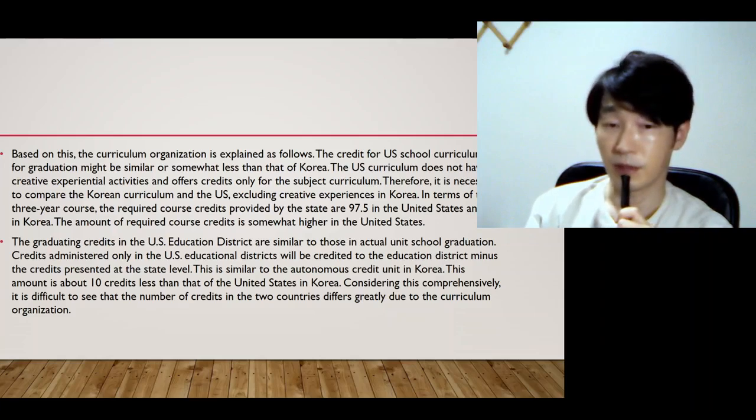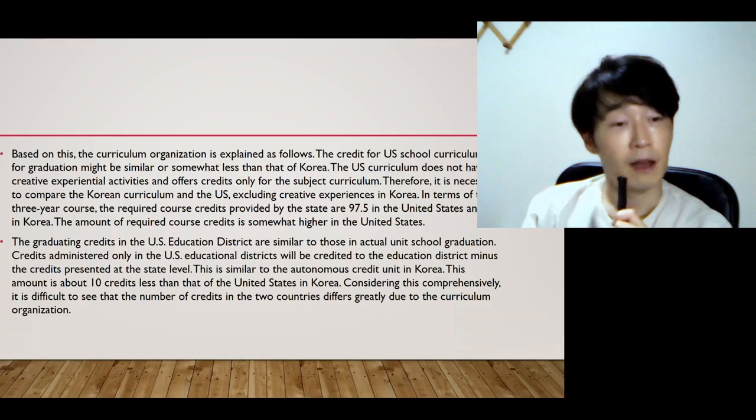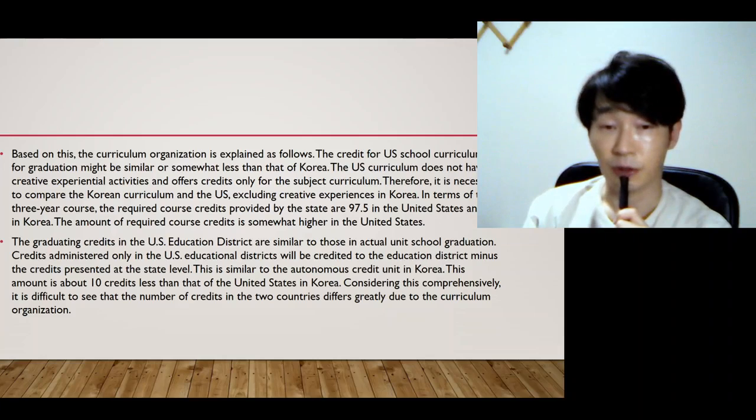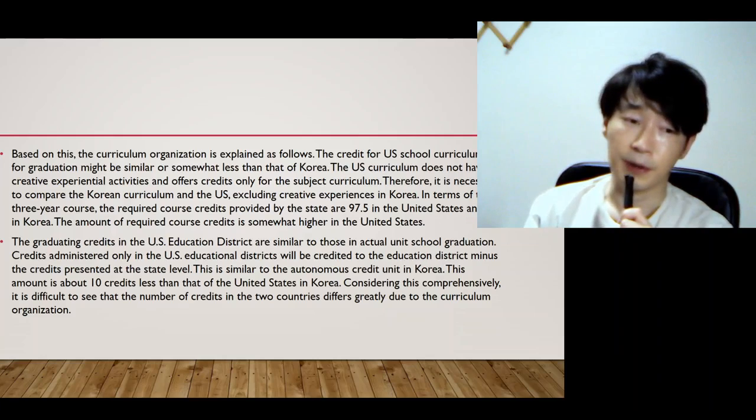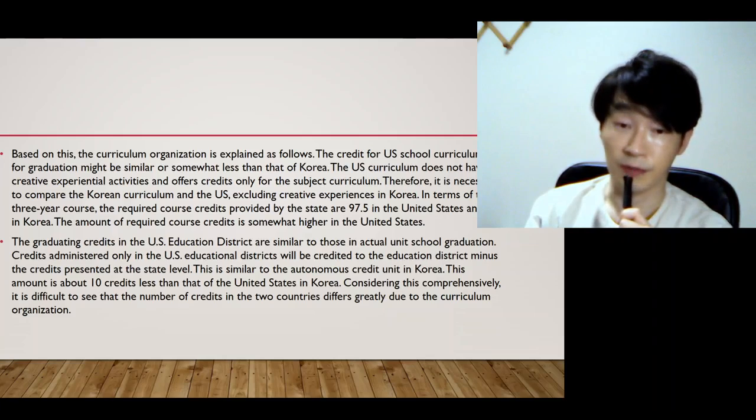This is similar to the autonomous credit in Korea. This amount is about 10 credit, less than that of the United States and Korea. Considering this comprehensively, it is difficult to see that the number of credit in the two countries differs greatly due to the curriculum organization.